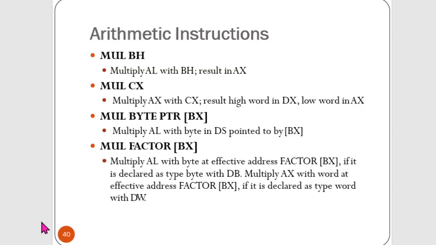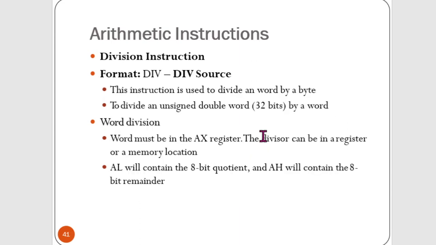Now moving back to the PPT, there are division instructions. Again, it divides the number whatever you specify by AL or AX. So I can divide a number by AL or AX. The result will be saved in a similar way. As you can see, the AX register, the divisor is in the register or memory location.